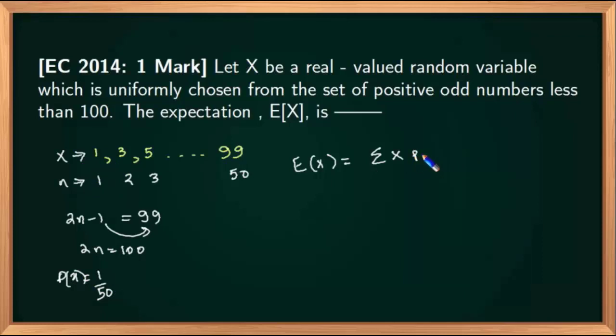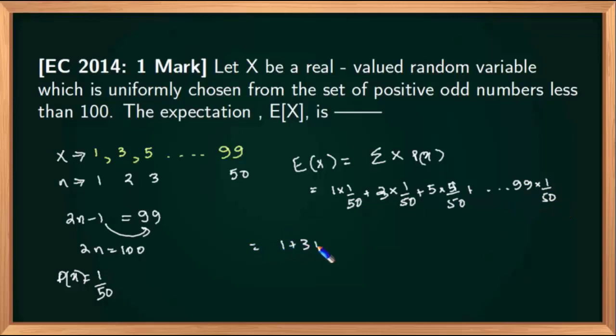So 1 into 1 by 50, plus 3 into 1 by 50, plus 5 into 1 by 50, like that up to 99 into 1 by 50.